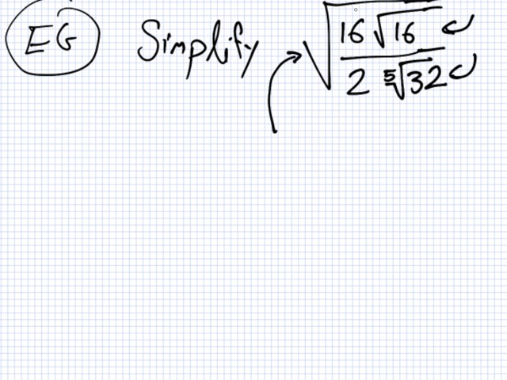Okay, so what do you think we should look at first? The easiest thing to look at first? Which part? Any ideas? The 16 and the 2, I think, is the best to look at first. Because they easily cancel to make what? Just 8 here, isn't it?